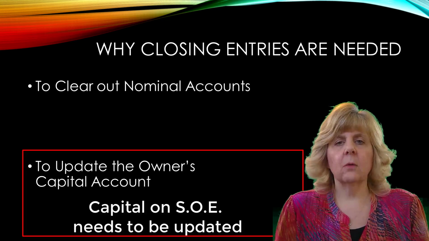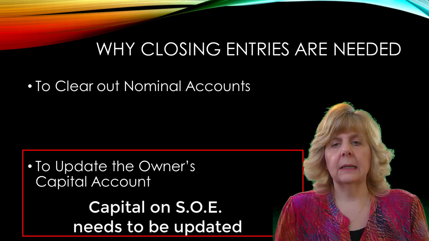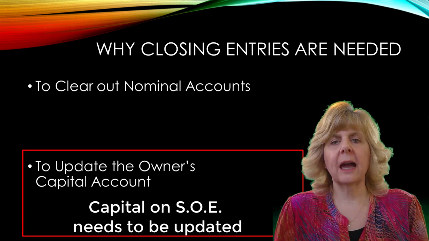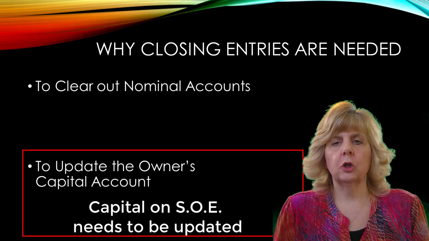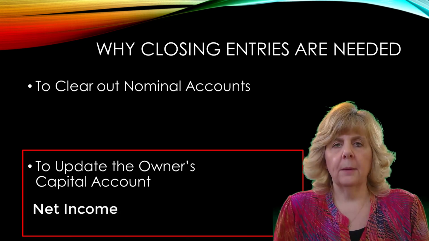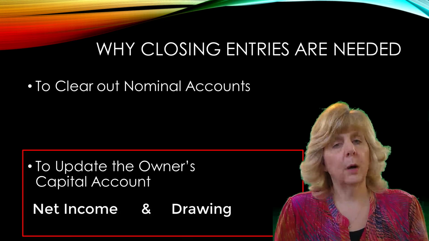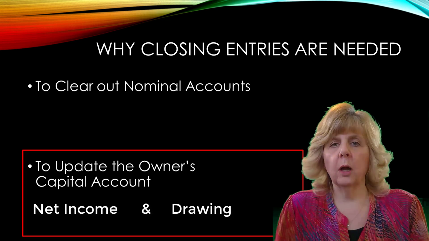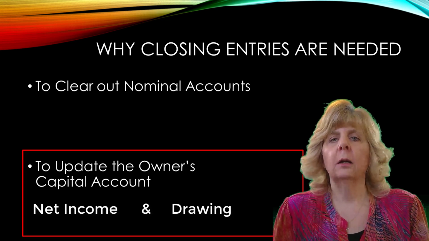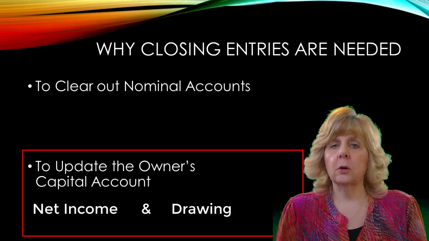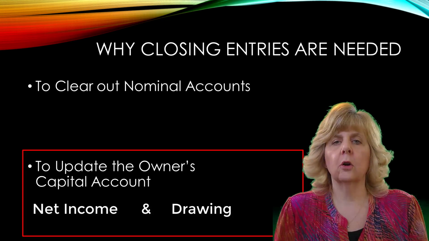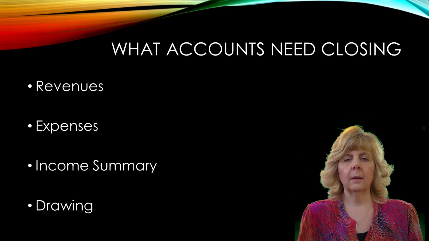So the second reason we do closing entries is to update the owner's capital account for two items. We'll update the owner's capital account for net income or possibly a loss, and we'll update it for the drawing, which is the amount that the owner takes out for his or her personal use.